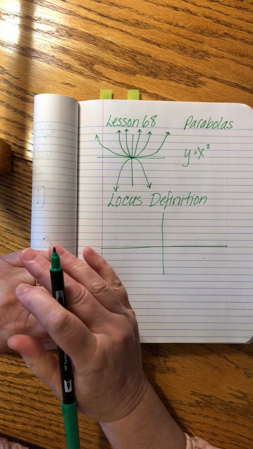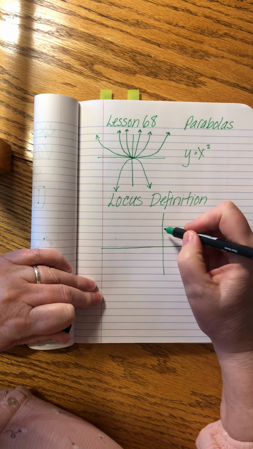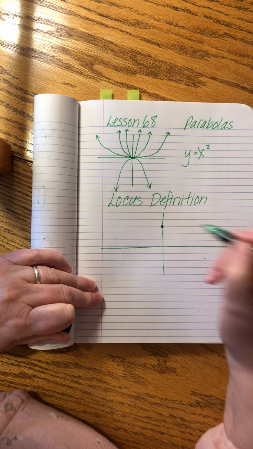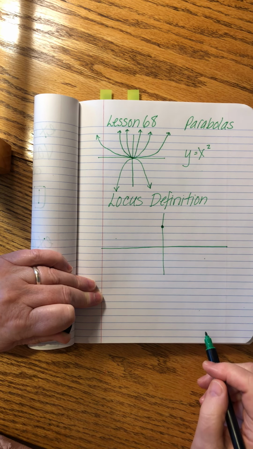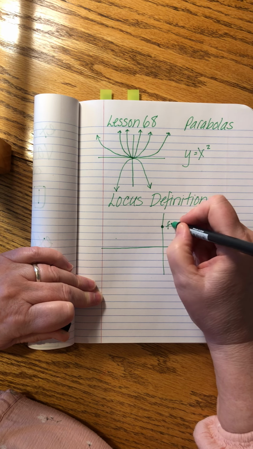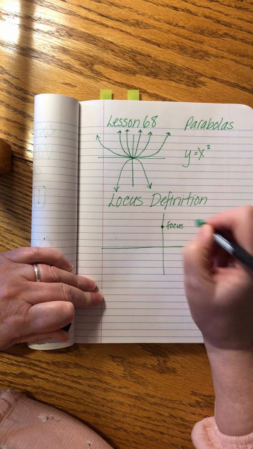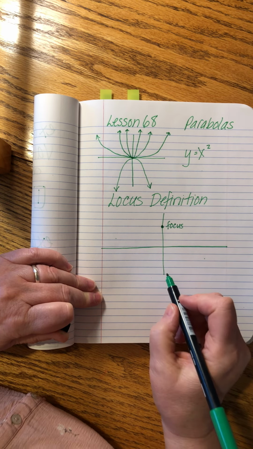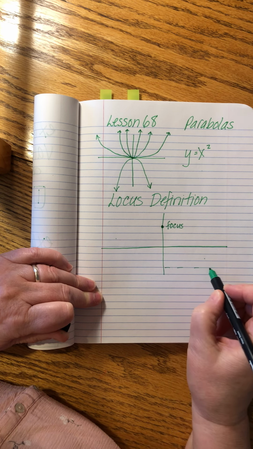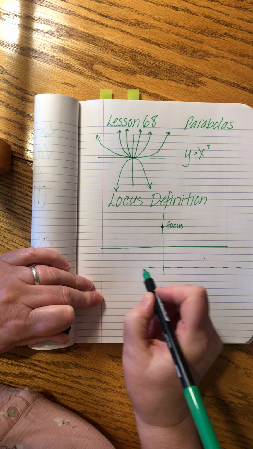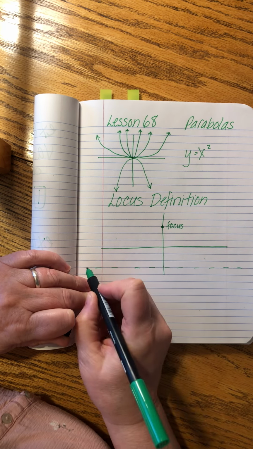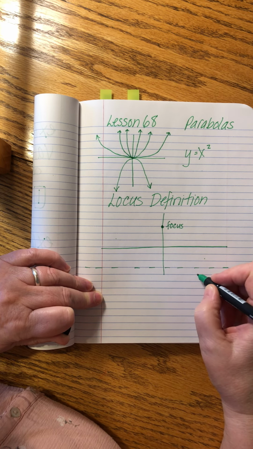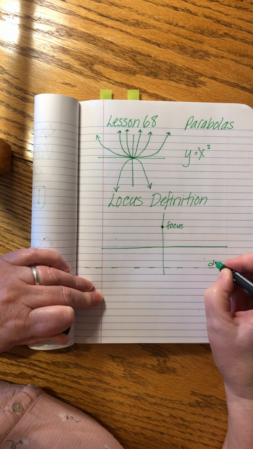And we're going to draw the parabola in just a minute, but first I'm going to draw two other things. I'm going to draw a dot on the y-axis, and I'm going to call that the focus. And I'm going to draw a dashy line. We'll talk about where I chose to put these in a minute. A dashy line called the directrix.